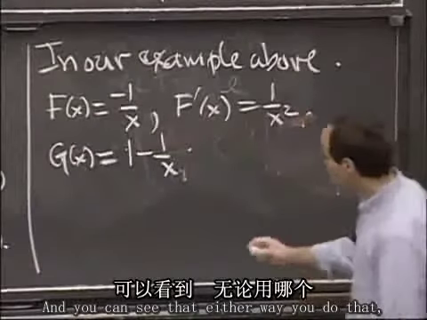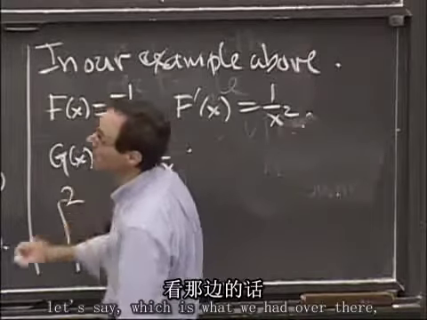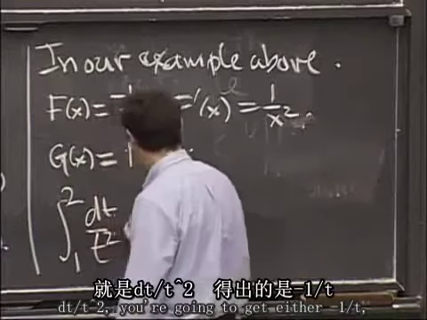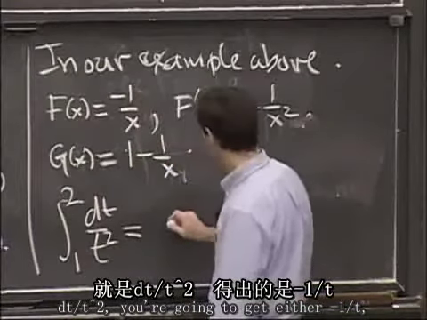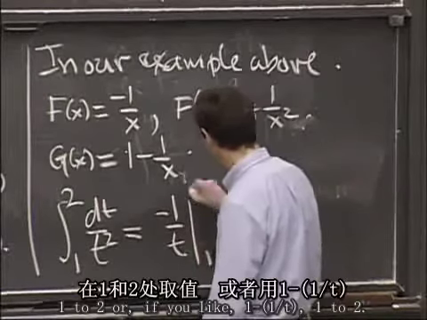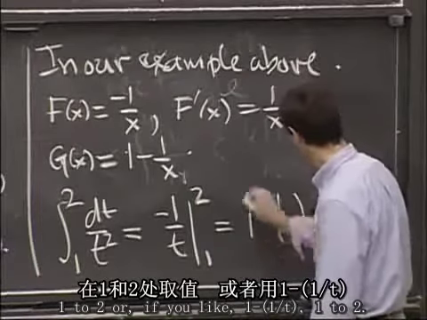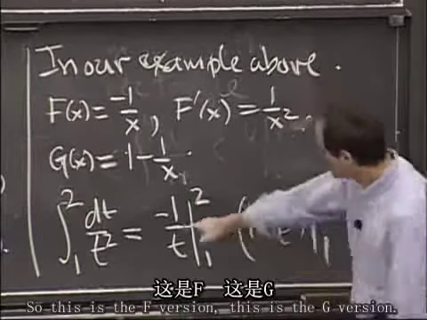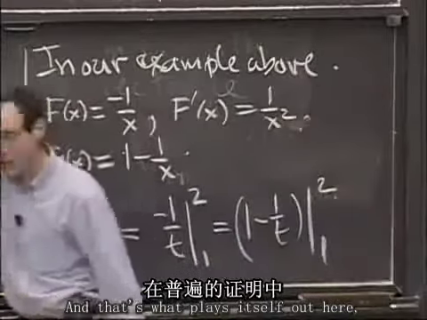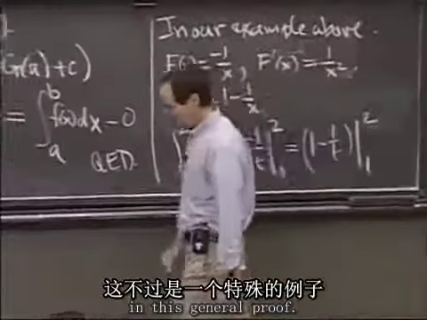And you can see that either way you do that, if you integrate from 1 to 2, let's say, which is what we had over there, dt over t squared, you're going to get either minus 1 over t from 1 to 2, or, if you like, 1 minus 1 over t from 1 to 2. So this is the f version, this is the g version. And that's what plays itself out here in this general proof.